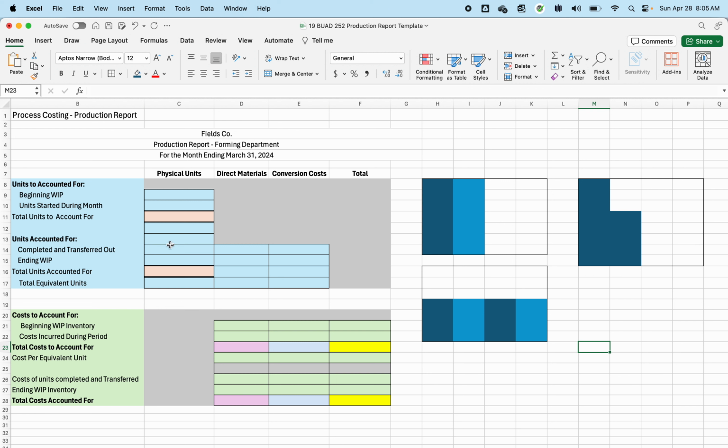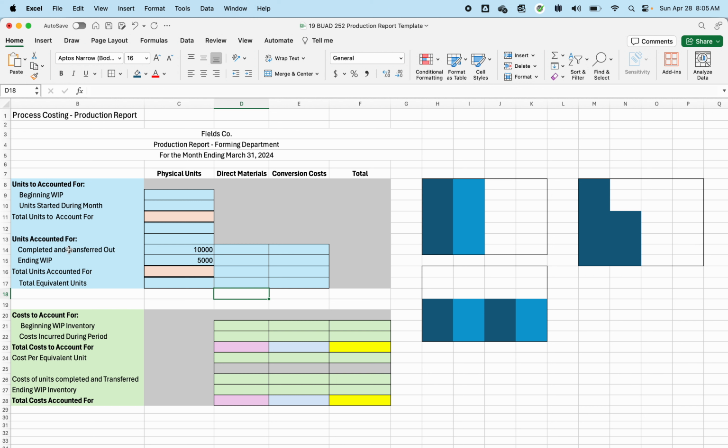So we have to say completed and transferred out were 10,000 units, and those were 100% done. So we'll say it this way. So here's our completed and transferred out units.